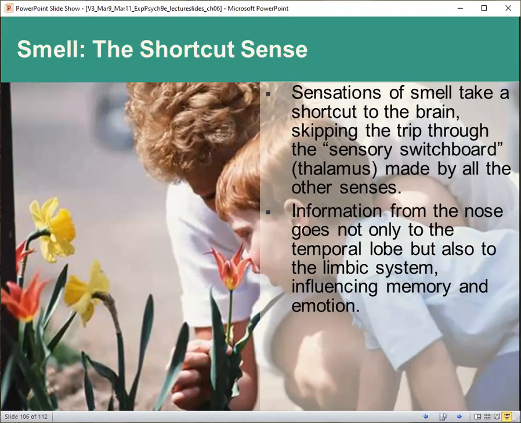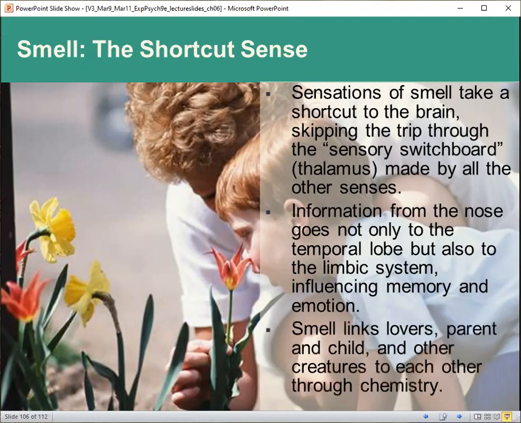And in the limbic system, there are structures that aid and influence our memory as well as our emotion. So what that means is, as you smell something, smells can be linked to emotions and to memories. Smell links lovers, parent and child, and other creatures to each other through chemistry.